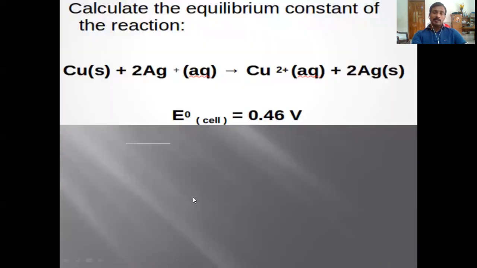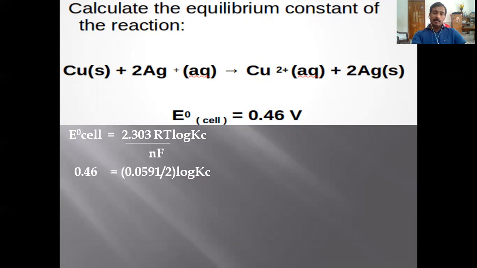We can see one example here. Calculate the equilibrium constant of the reaction Cu plus 2Ag+ aqueous gives Cu2+ aqueous plus 2Ag solid. E0 cell is given as 0.46 volt. So here the equation is E0 cell equal to 2.303 RT by nF log Kc. Now substitute the values.